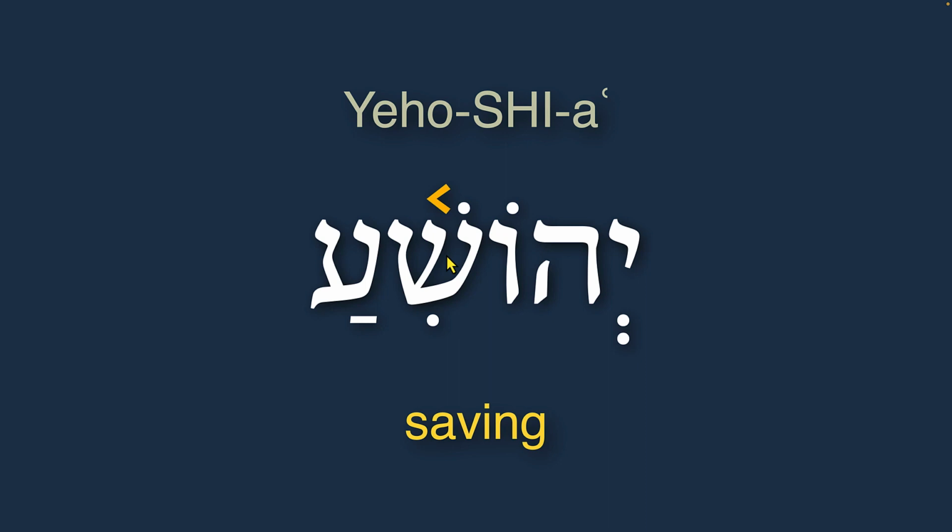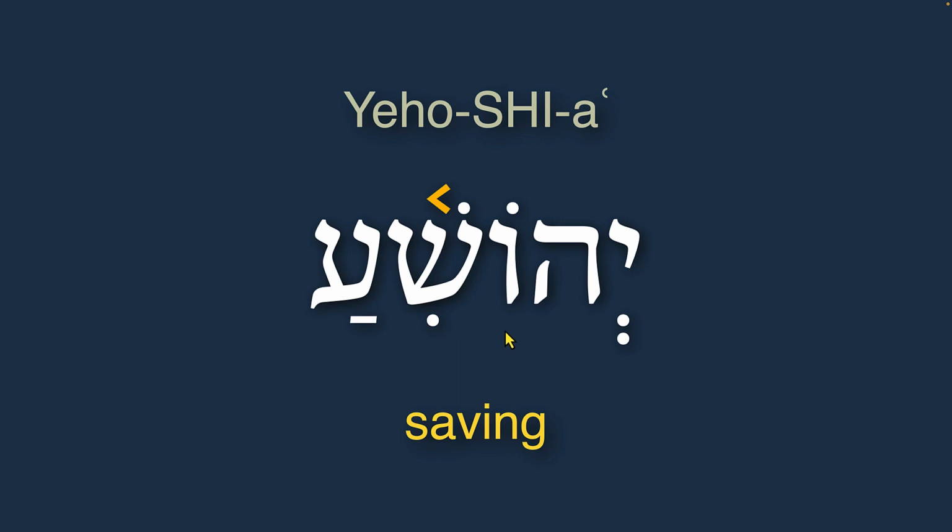The only difference is, instead of this chirik vowel, if you put kubutz, three dots, then it becomes Yehoshua. So essentially, if you take off all these dots and dashes, the letters are the same, and this is a verb which means saving. It's clearly the name of Yehoshua is derived from this form of it, you could say, saving.